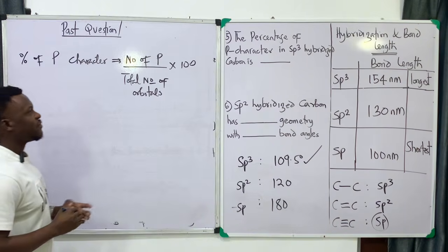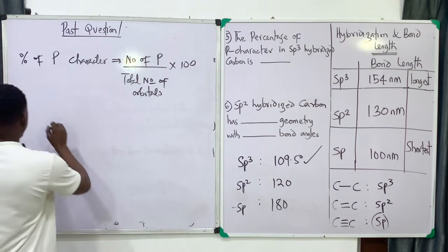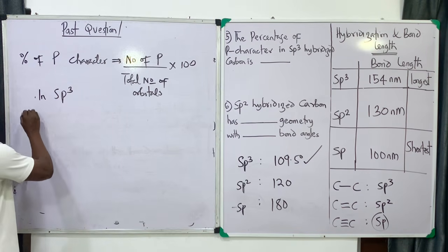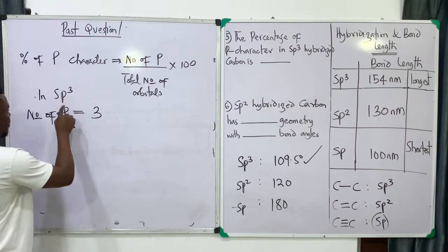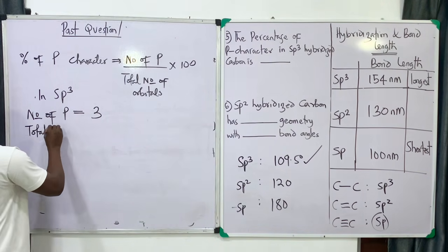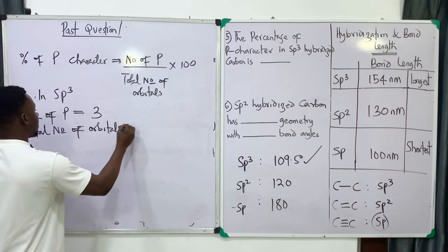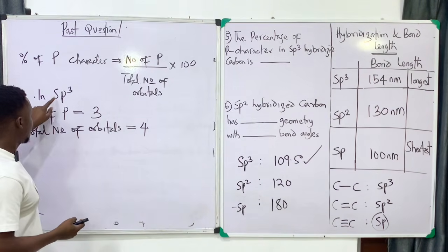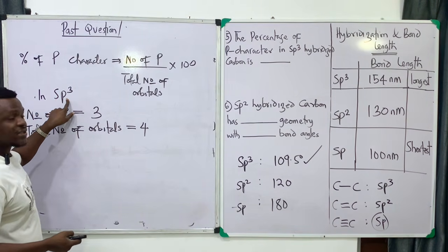Okay, so they are asking us for the percentage of p character in sp3. So I'll say in sp3, number of p is 3 because we have 3 p here. Total number of orbitals is equal to 4. Why do we say 4? s is 1 plus 3, that is 4.